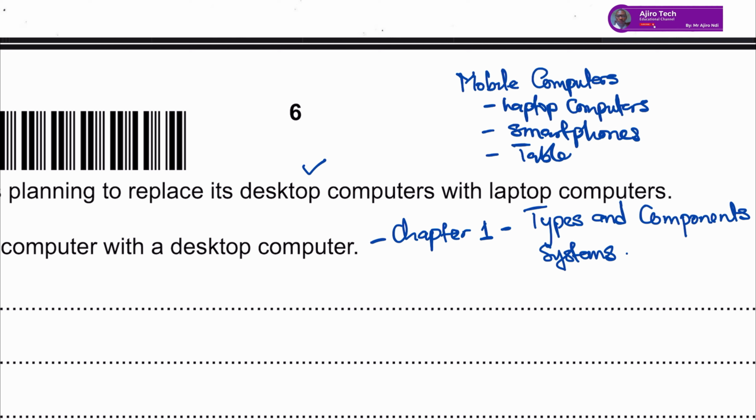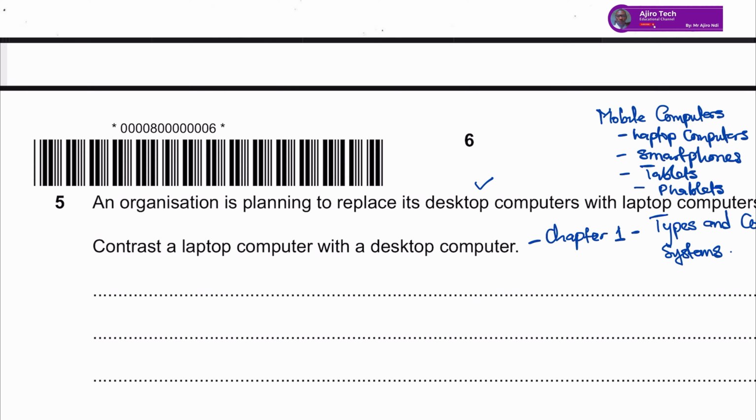And now we want to contrast. Now the key word about contrast is the fact that it means difference. We have compare. Okay, it's important that you learn all those things. We have compare, and we'll talk about compare.